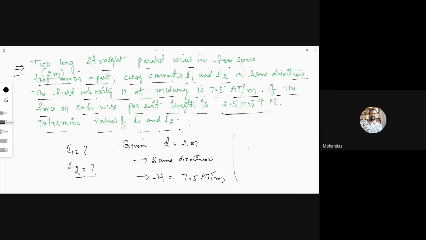So take this problem as homework, and from this data calculate I1 and I2. This is a homework problem. Next class I will ask, try to solve this problem.